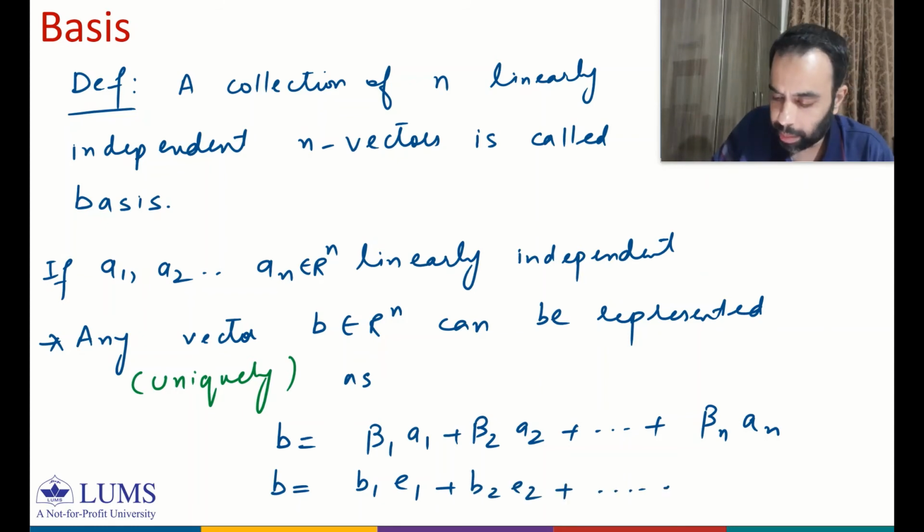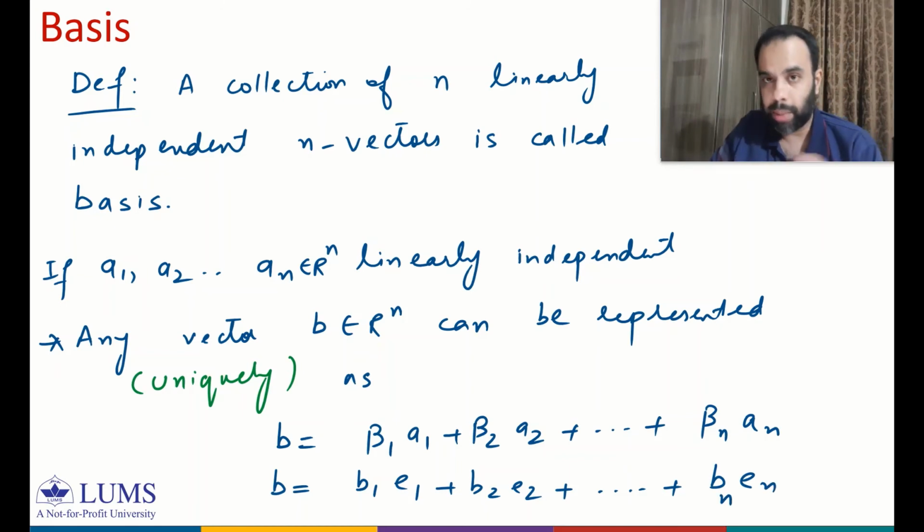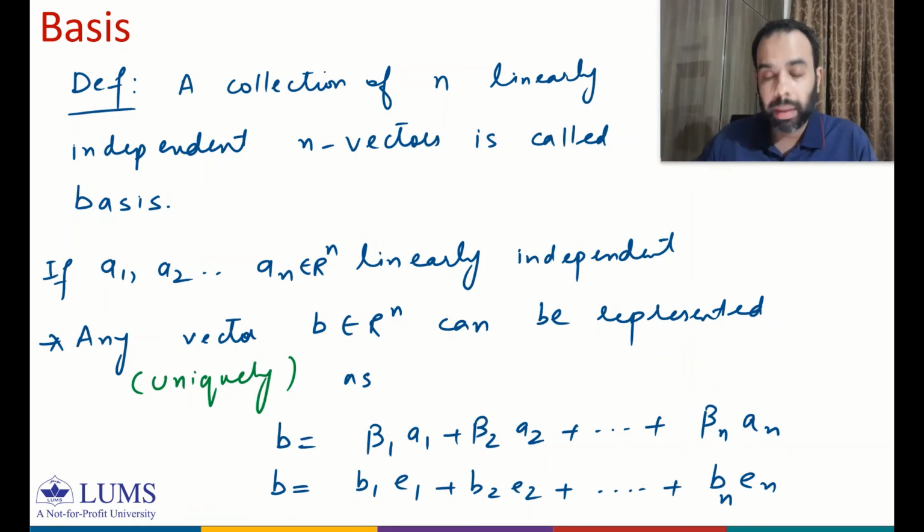This is just one example of representation of B when e1, e2 and en are chosen as basis vectors. In fact, there are an infinite number of choices to choose these n number of linearly independent vectors for representation of vectors in Rn. So once we choose these bases, the next step would be how to determine these coefficients beta 1, beta 2, beta n, and that quantifies the contribution of each of the bases towards given vector B.